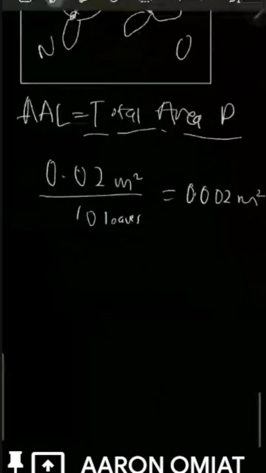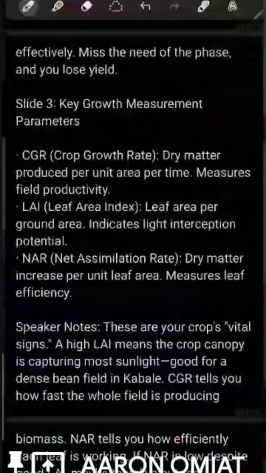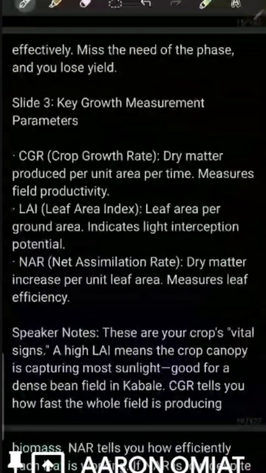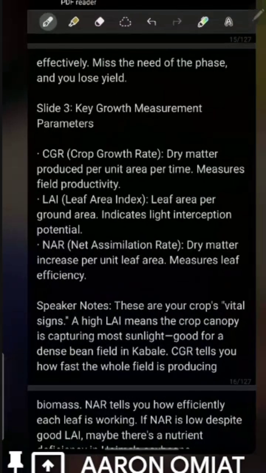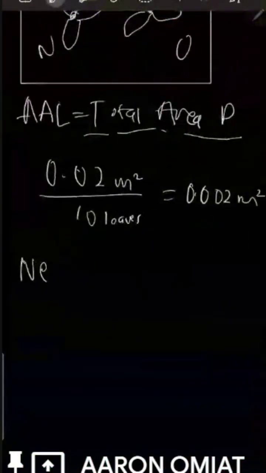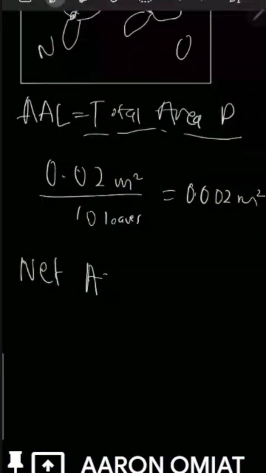And now moving forward to the last one, which is the net assimilation rate, NAR, which is dry matter increase per unit leaf area. It measures the leaf efficiency.